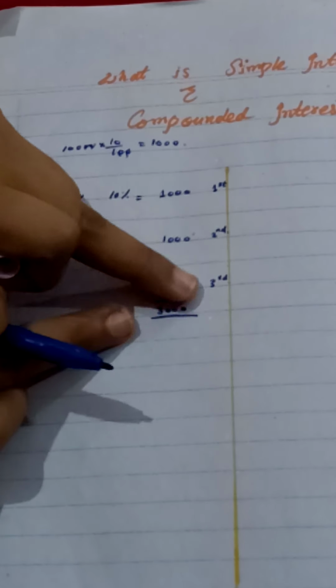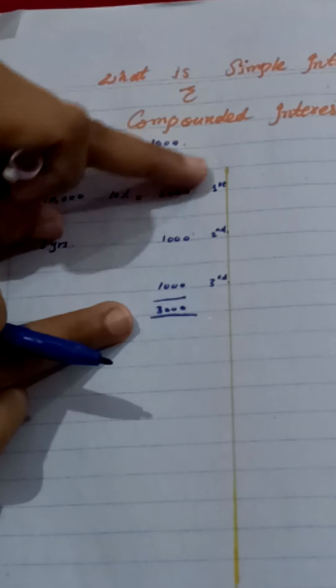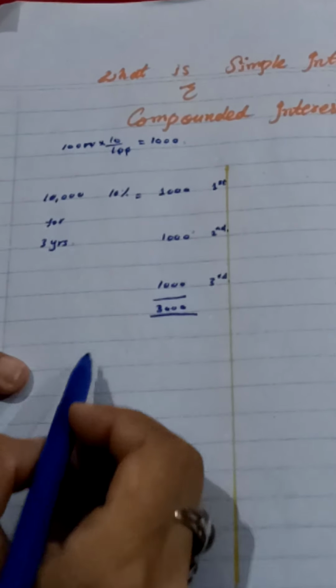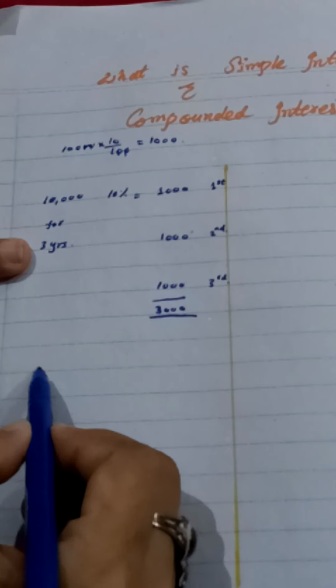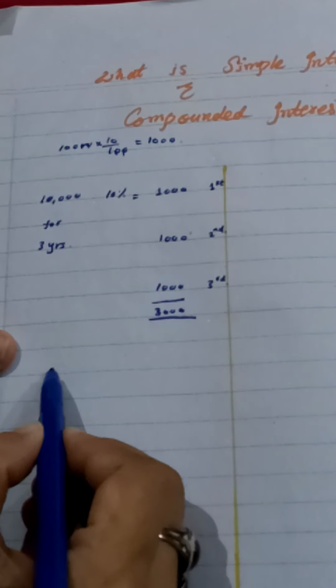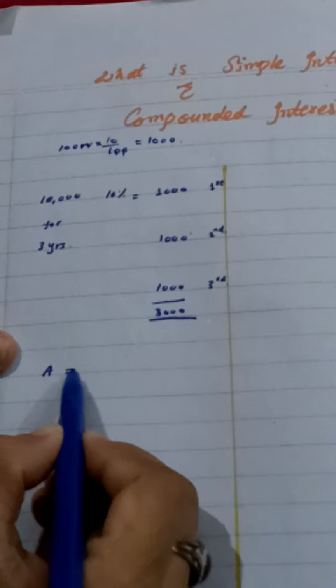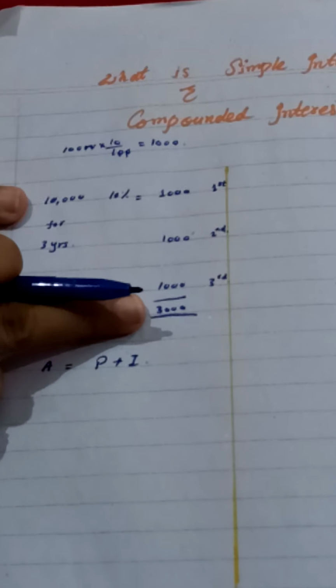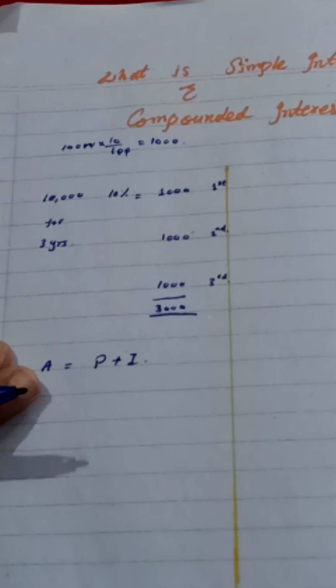The 10,000 rupees taken as a loan from the bank is called the principal, and this is the interest. Total interest in 3 years equals 3,000. So after 3 years, we will pay the bank the total amount, which is principal plus interest.